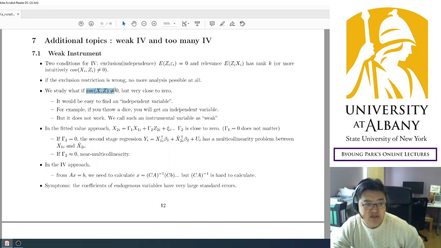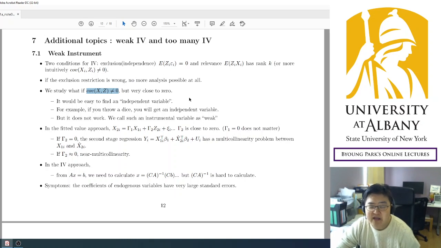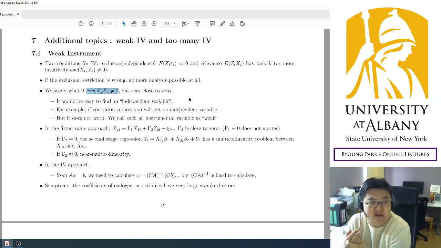The relevance assumption says the covariance is different from 0. But what if it is different from 0 but very close to 0, like 0.0000001? Theoretically there is no problem. In theory, it is different from 0, so you don't have any problem.